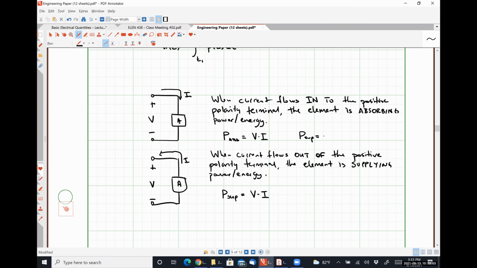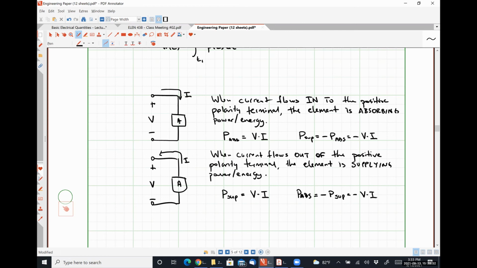So P supplied is negative P absorbed, which is negative V times I. And for my second example, P absorbed is negative P supplied, which is negative V times I. Those are really the same things, just looking at it from a slightly different perspective, okay?